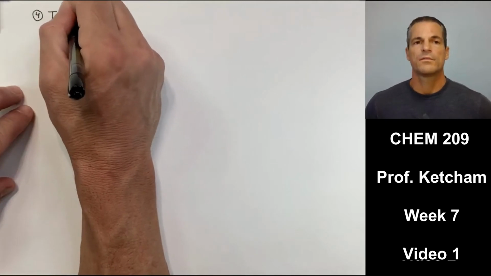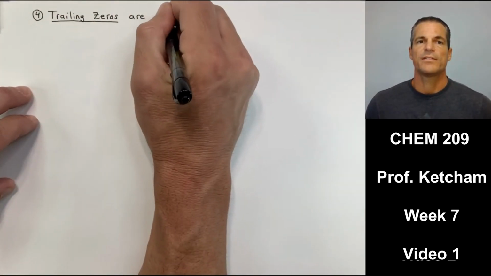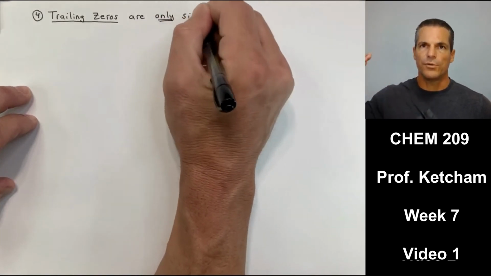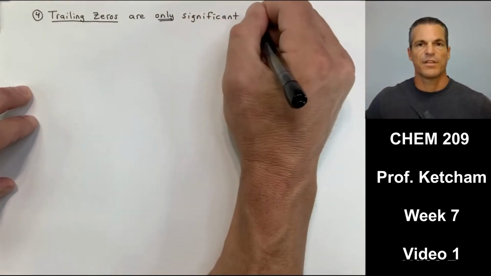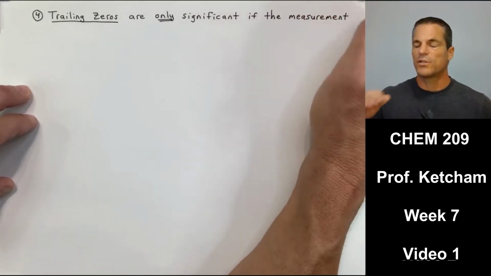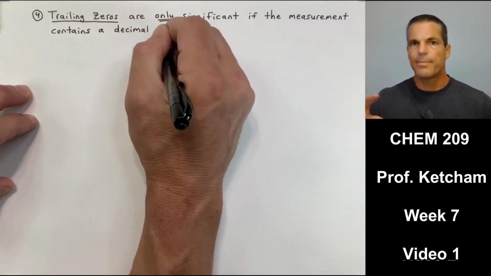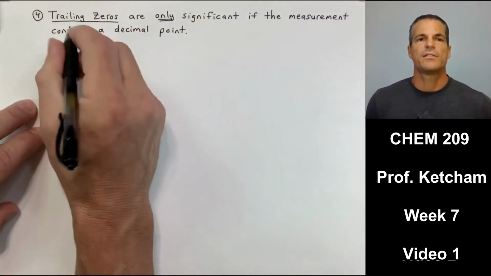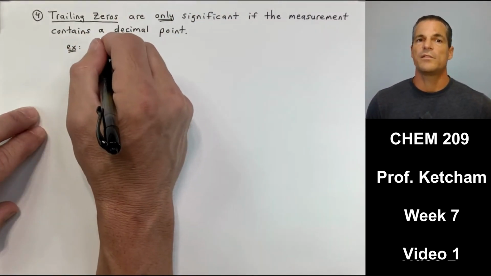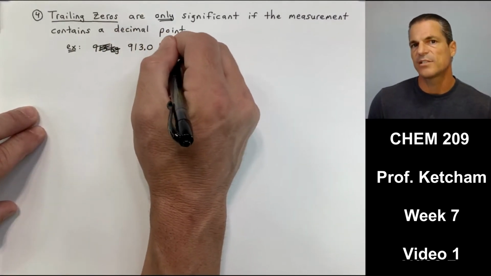Rule number 4, top of the next page, trailing zeros. In rule number 2, I said leading zeros are never significant. In rule number 3, I said inclusive zeros are always significant. Rule number 4, it depends. Trailing zeros are only significant if the measurement contains a decimal point.